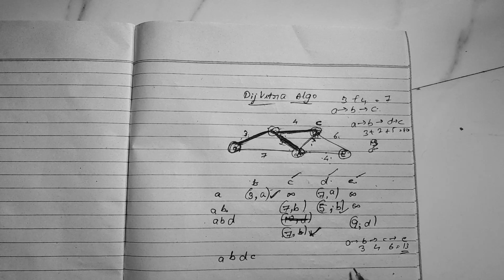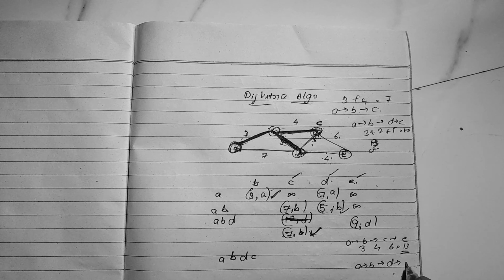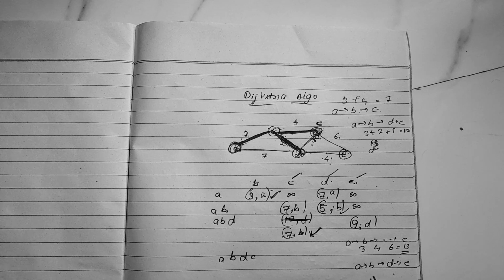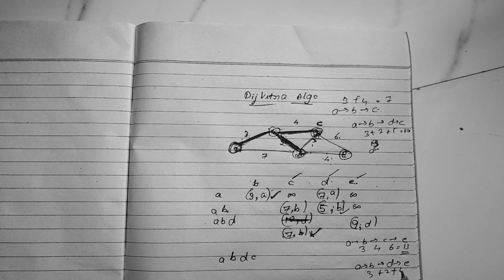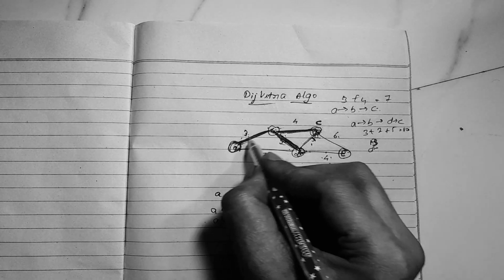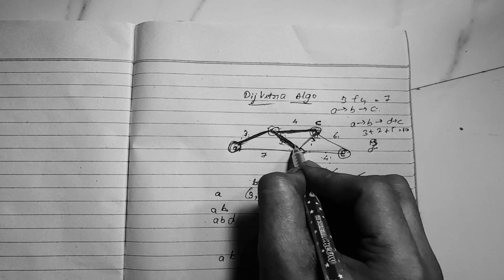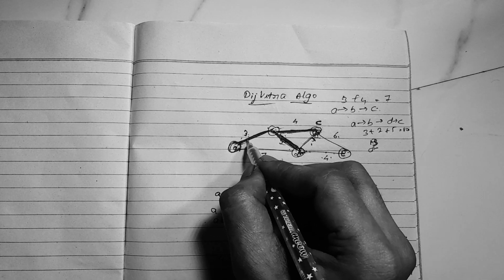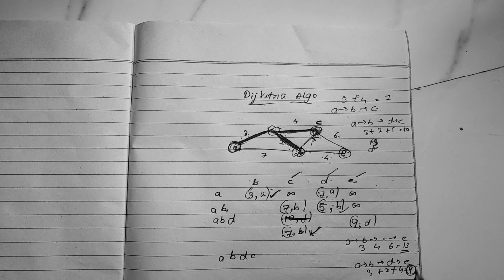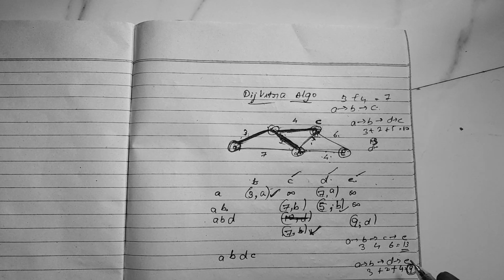But if we consider A to B, B to D, D to E, it will result in 3 plus 2 plus 4, that is 9. So among these two paths, this is the shortest path, which results in 9, no, this is the shortest path.